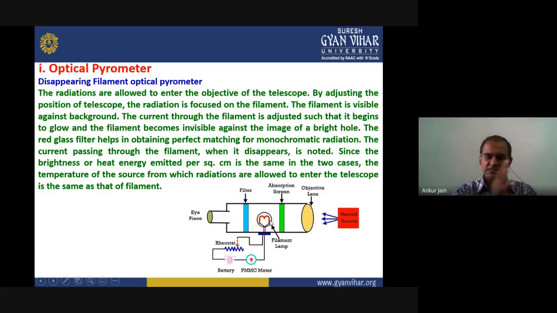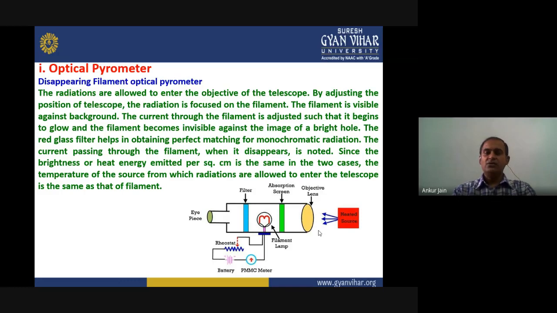We have to adjust the telescope so that we can clearly see the filament and the heat source radiation. When we adjust this, the filament is clearly visible against the background. Background means the radiation coming through the objective lens.